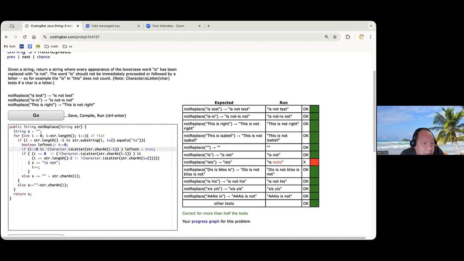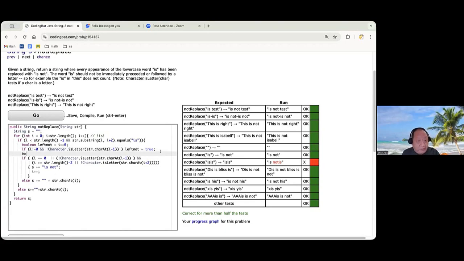So it's actually I equals 0, then the left side is not a letter, or I not equal 0 but the previous letter is not a letter, then left side is not a letter, okay?